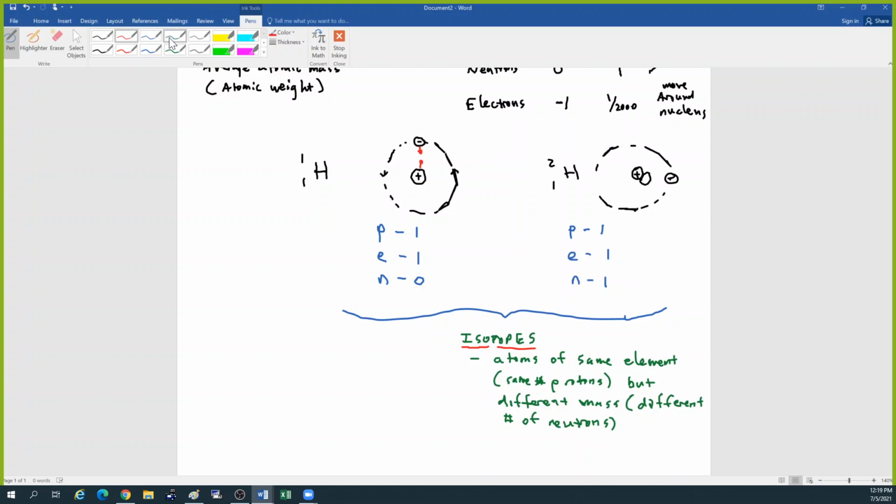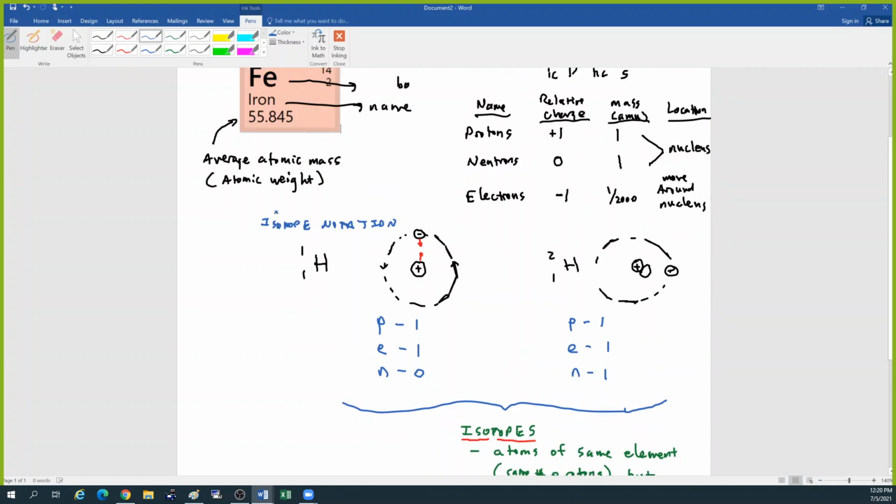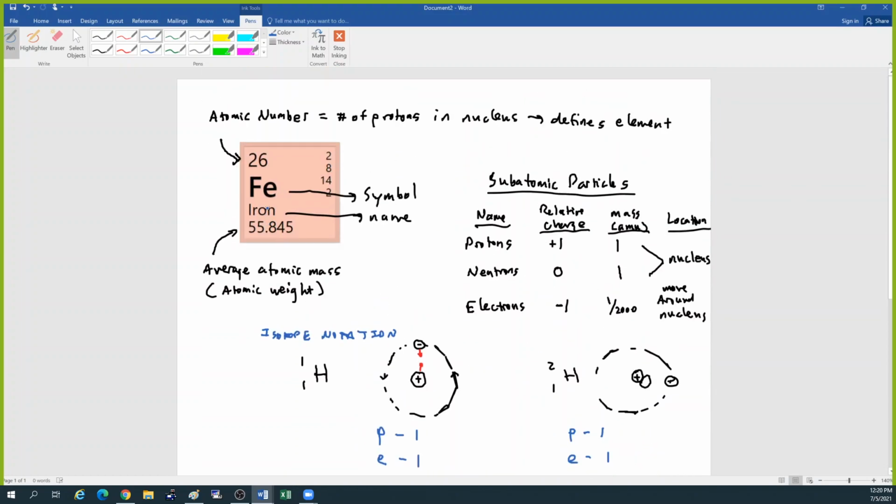Now, let's label one more thing, and that is this symbol. So this symbol is called isotope notation, and it has a certain pattern here. Notice this is not the same thing as what's written in the periodic table.